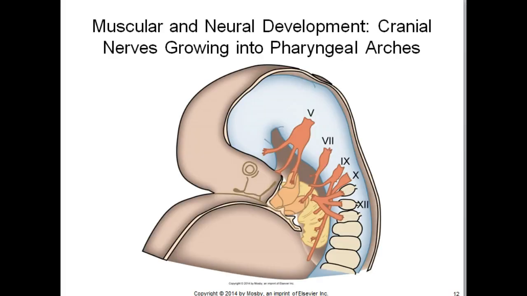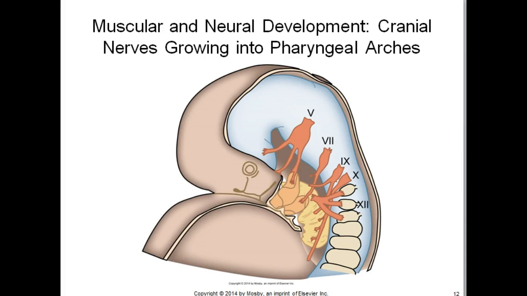The nerves develop in conjunction with the developing muscle fibers. By the end of the 7th week, the fibers of the 5th cranial nerve have entered the mandibular muscle mass, and the 7th nerve has entered the facial muscle mass. The 7th nerve supplies the stylohyoid and stapedius muscle and the posterior belly of the digastric muscle.